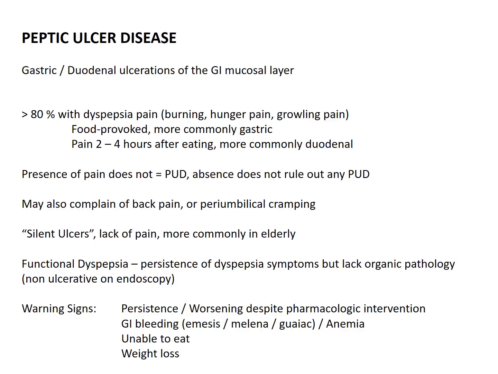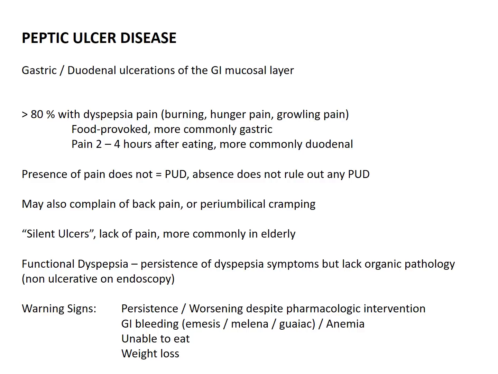Some of these are food provoked. Some of these get better a couple hours after eating. So food provoked pain is typically gastric pain, which improves a couple hours after eating, or more commonly duodenal.